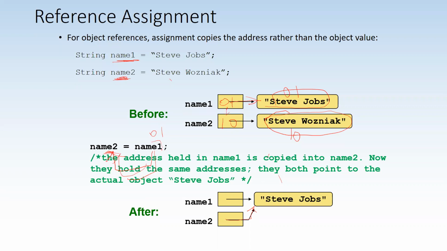Name1 has 0, 1, and name2 has 1, 0, but because of the assignment, now name2 has 0, 1 also. So they point to the same location, which means name2 is not pointing to its old location anymore, right?